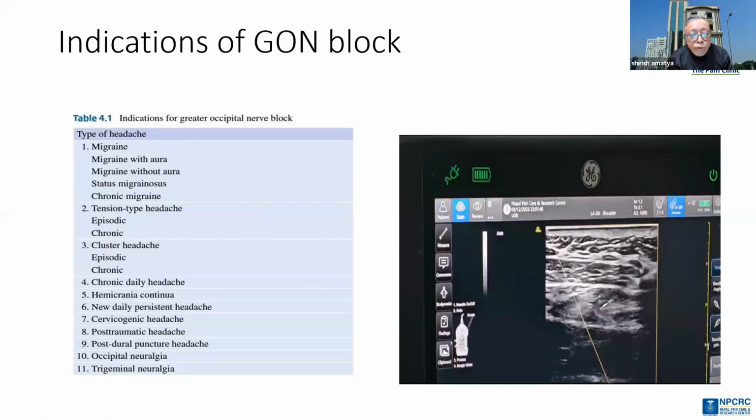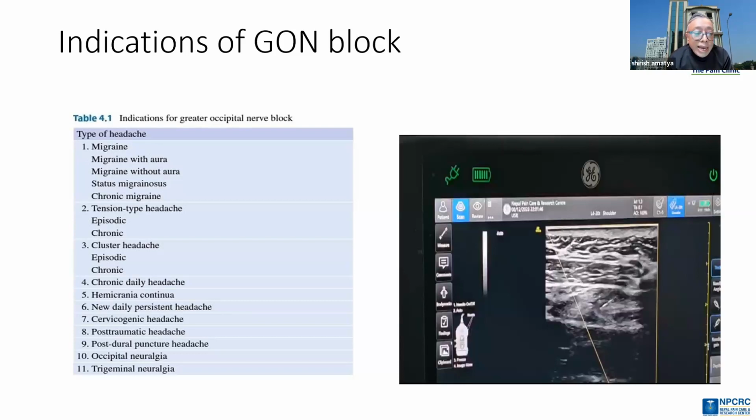Sometimes, if the patient is on chronic medication, the medication itself can cause headache, so medication-induced headache. In this condition, we can give a greater occipital nerve block for a certain period of time that will take care of pain, and later on they can also continue the drugs they are taking for migraine.